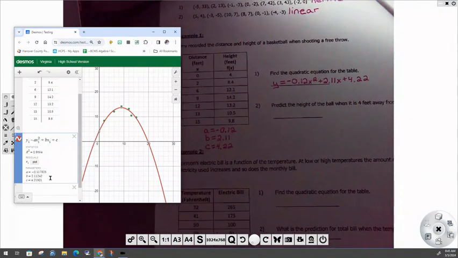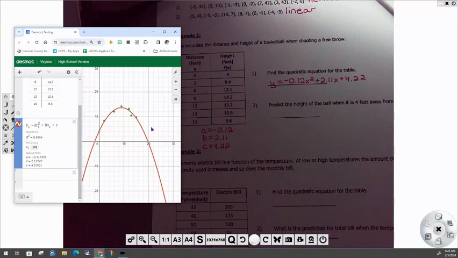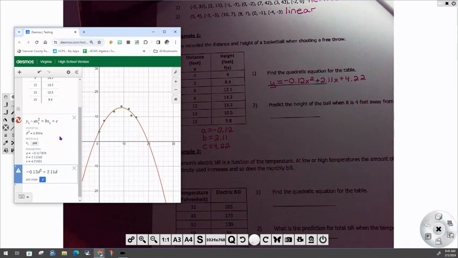Then it says predict the height of the ball when it is 4 feet away from Amy. So that means I'm going to use this quadratic equation that I've created to predict. So I'm going to say negative 0.12, and we're going to use d again, squared, plus 2.11d plus 4.22.